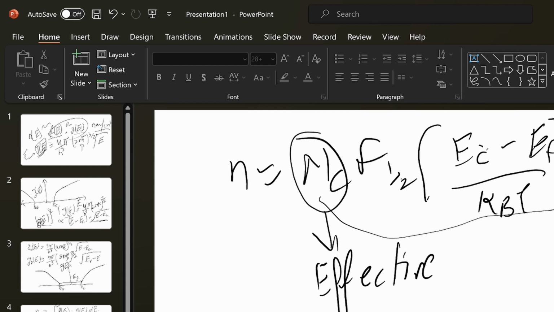Why we are taking this is, we are calculating the number of electrons at this bottom only. In the next part we will come to it with the graphical representation.